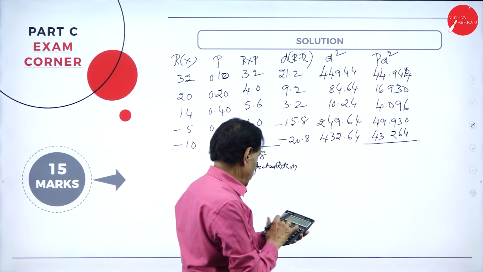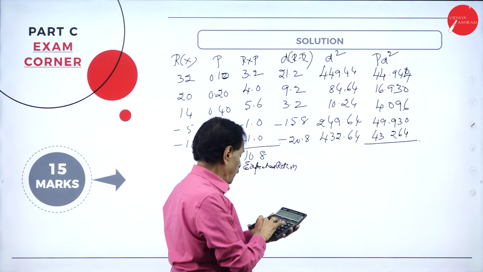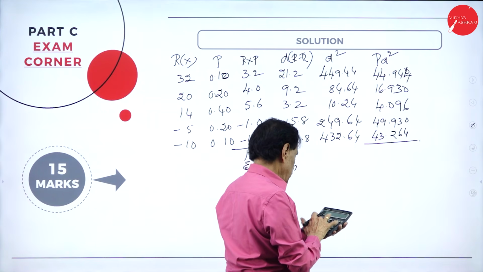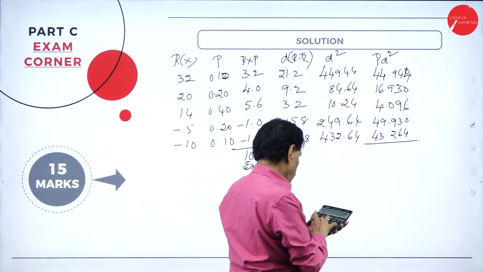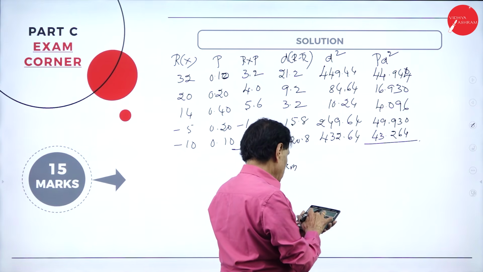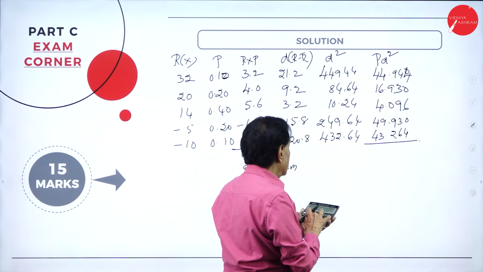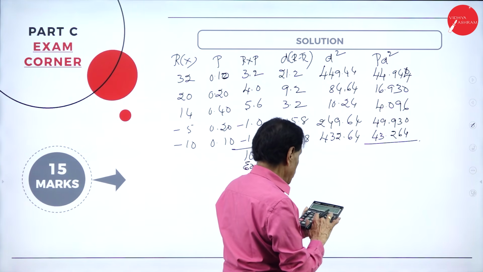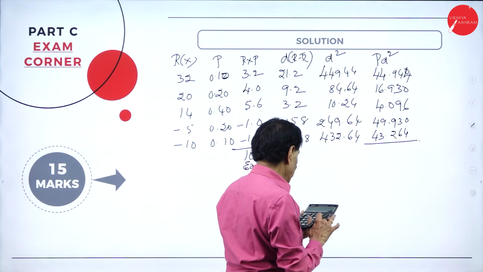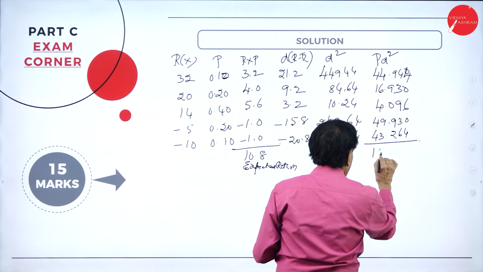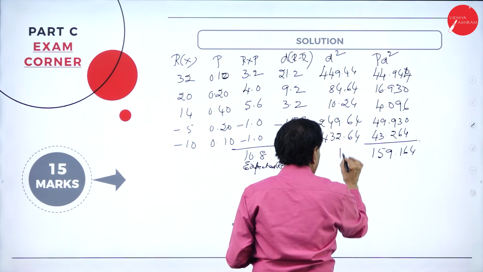Add the figures: 44.944 plus 16.930 plus 4.096 plus 49.930 plus 43.264. So 159.164. This is your variance.